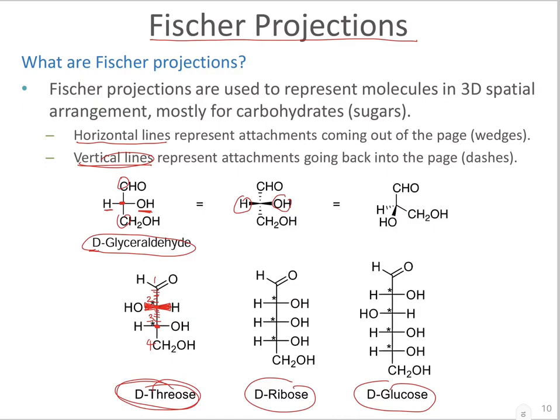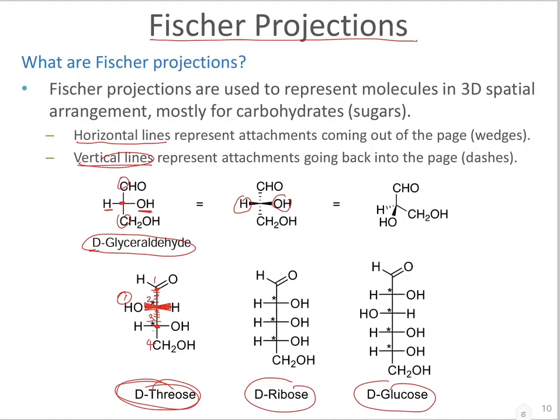So once we do that, we need to look at the priority of the atoms connected to the central one. So here we have oxygen is going to be of priority number 1. And then we have carbon here. And we have another carbon that is carbon number 3.